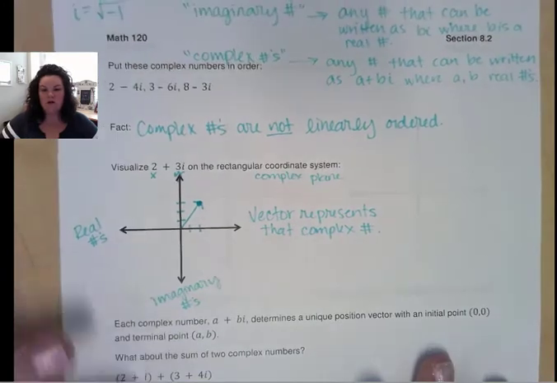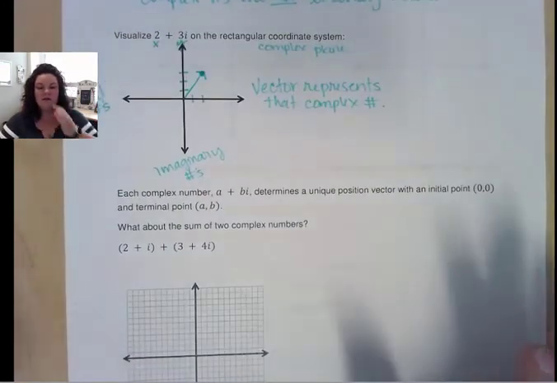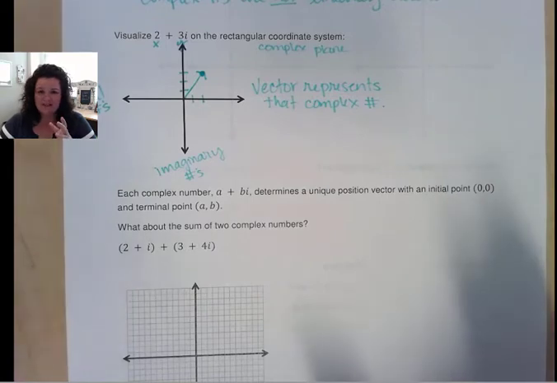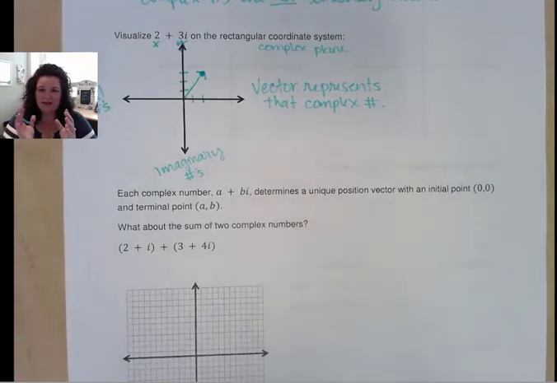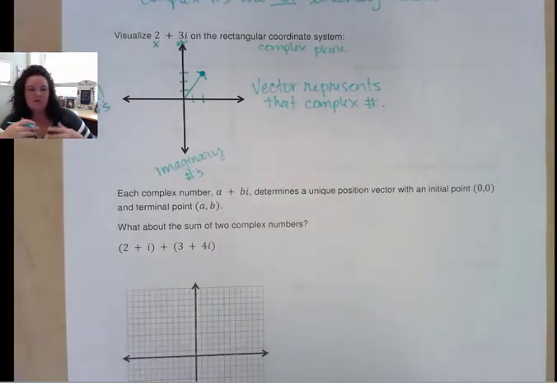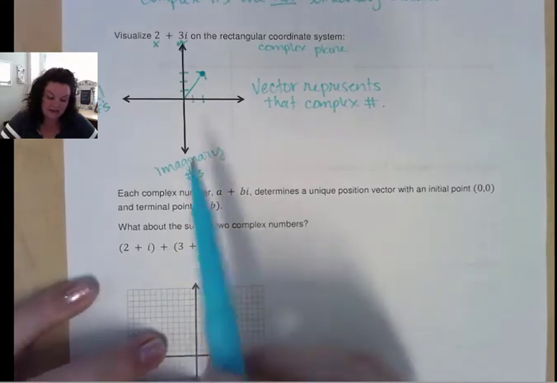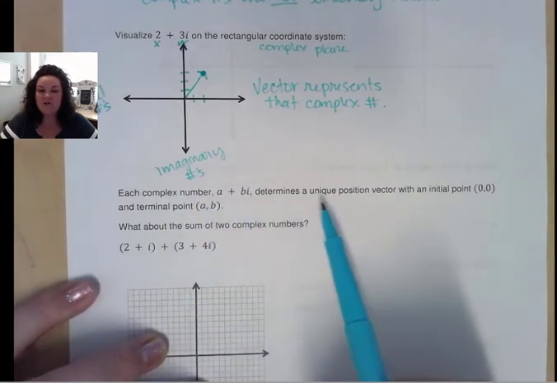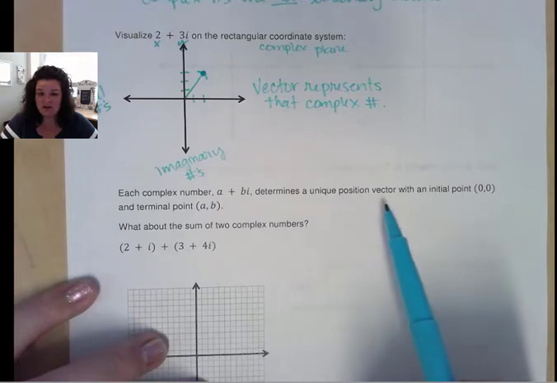Okay. So this is the idea, that we can represent it as a vector, because a vector we can visually see. We can think about adding and subtracting these and kind of where these vectors lie. We can also relate these vectors to trig functions here in a little bit by thinking about how that vector can create a reference triangle. Okay, so moving forward, what we're saying here is that each complex number, a plus bi, determines a unique position vector.